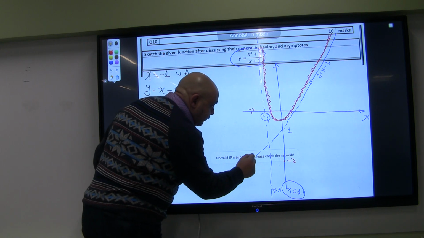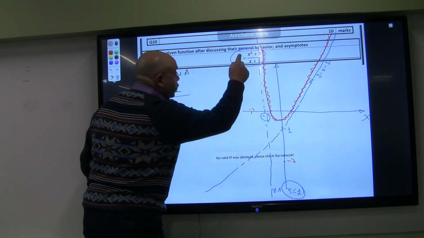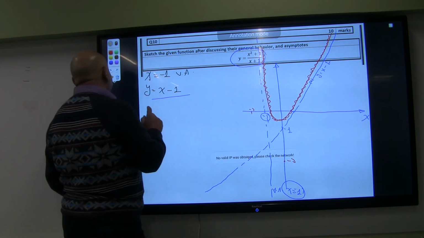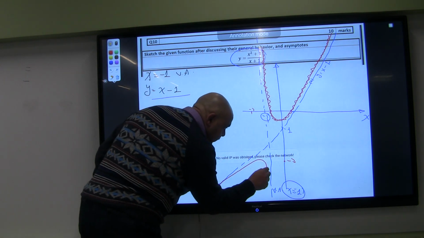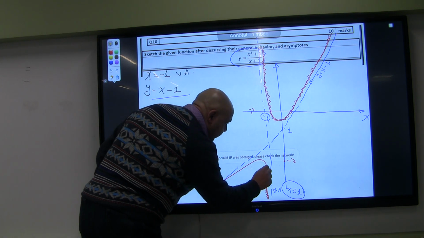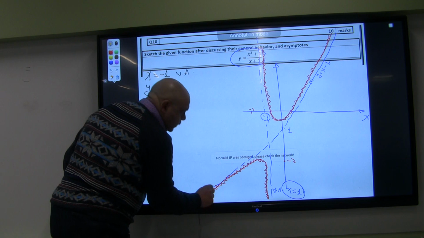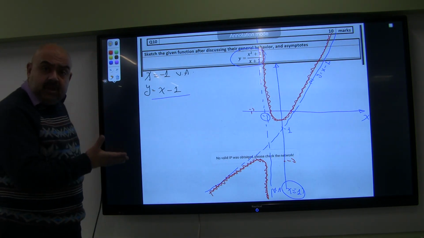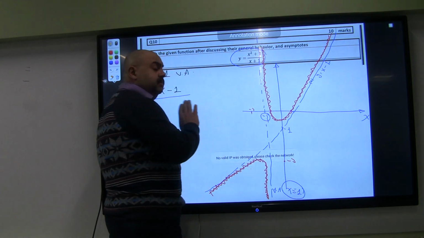So for the inclined asymptote, it's at -3. For the main function, it's at -5, so it's in here. This is how the function will be. This is the curve that you are seeking. This is the shape of your function. I've succeeded in sketching my function based on the inclined asymptote and the vertical asymptote only.